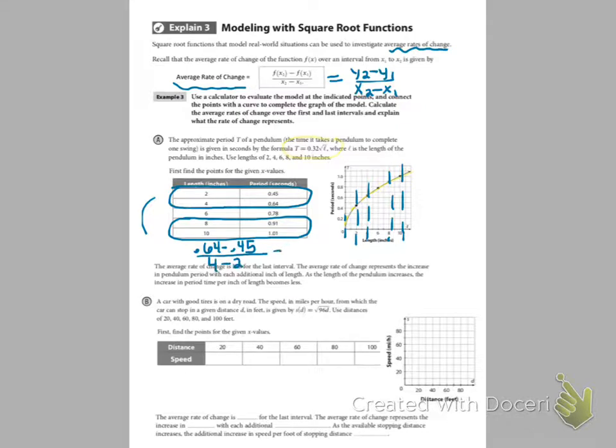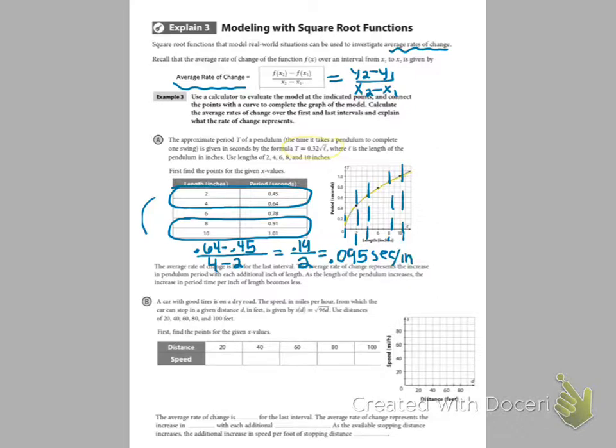So that gives me 0.19 in the numerator, and in the denominator it's 2. So 0.19 divided by 2 is 0.095. So that's 0.095, and the rate of change is in seconds per inch.